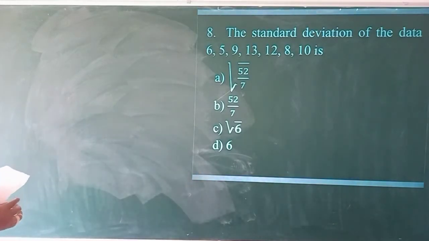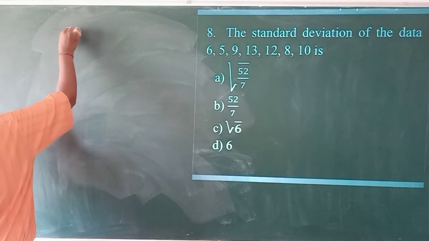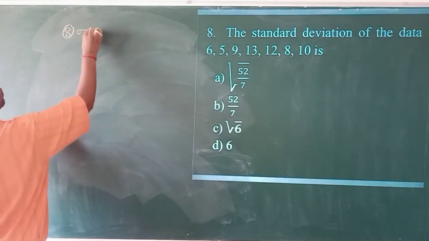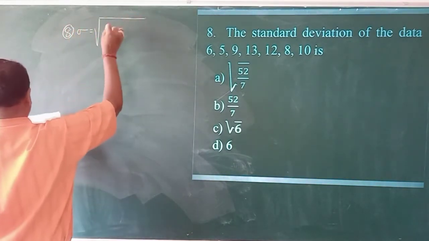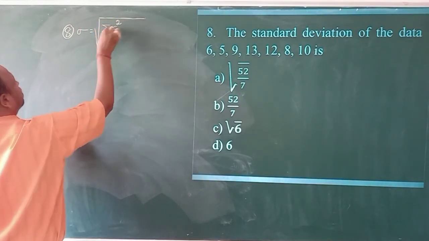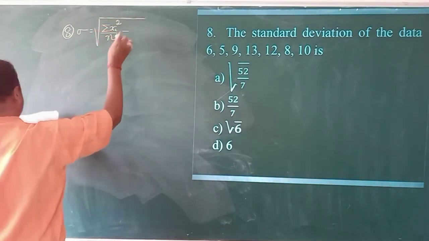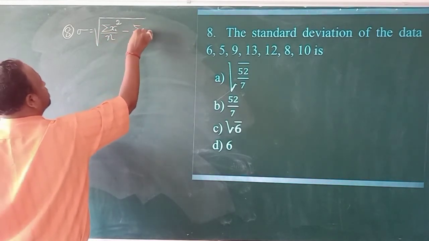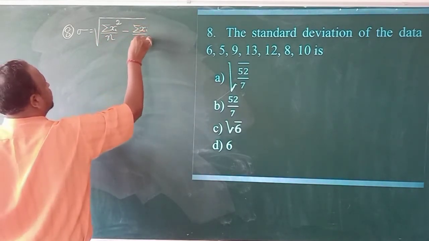Standard deviation they are asking. The standard deviation formula I will give you: square root of sigma xi square by n minus sigma xi by n whole square.